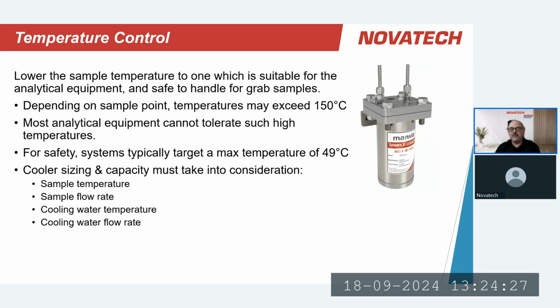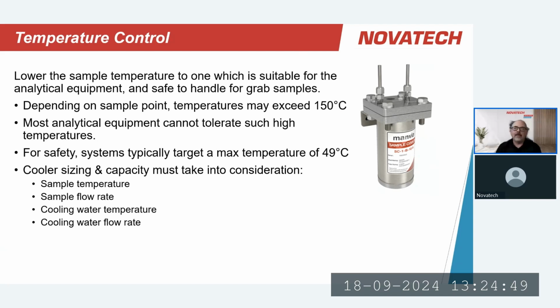If it's one instrument, we might only need 2 liters per minute or something like that. If it's 5 instruments, because we're measuring multiple parameters, obviously we're going to need more water. And then the flip side to that is the same parameters, but now on our cooling water side. If the cooling water has a relatively consistent temperature, that helps, of course.